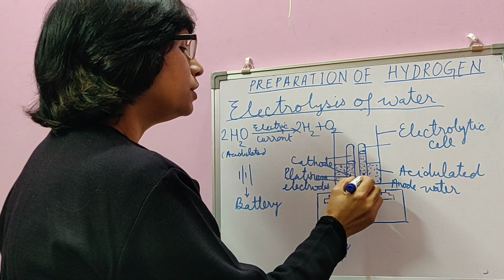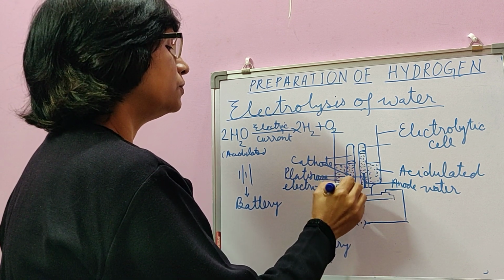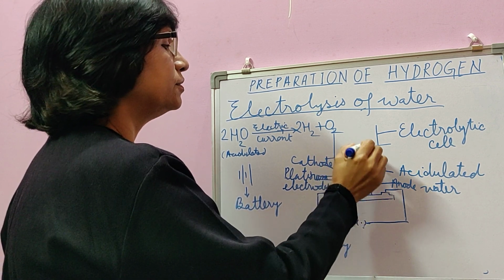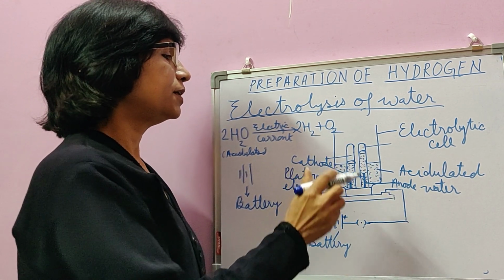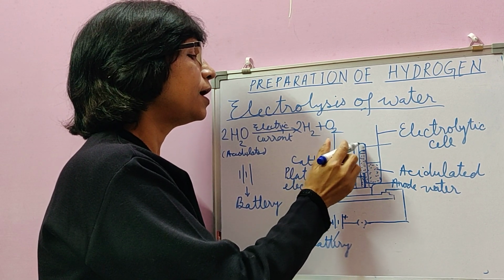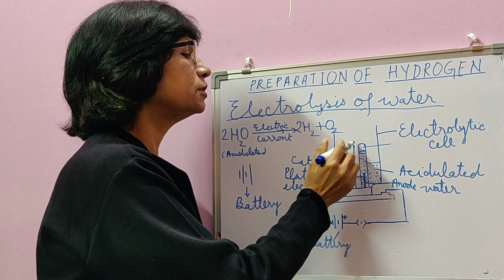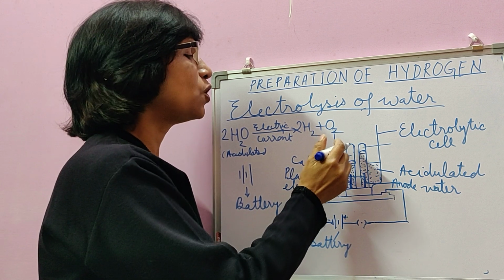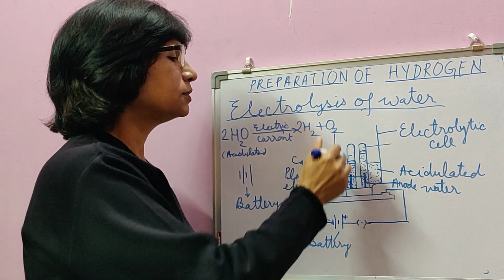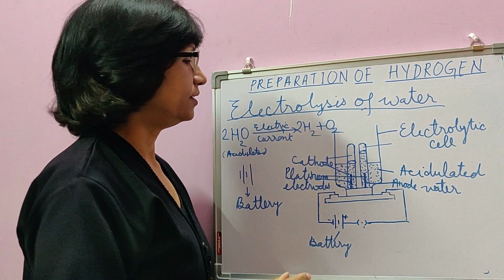And on both the platinum electrodes we have inverted a water-full test tube. In the starting of the reaction, test tubes were filled up to this part. We won't say top, it is actually bottom because the test tubes are inverted.